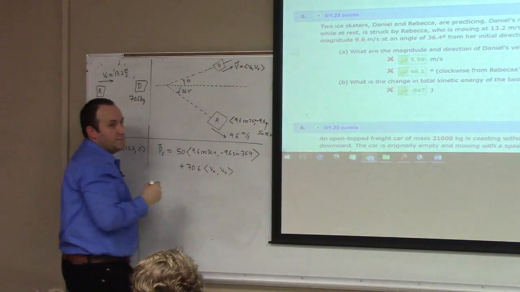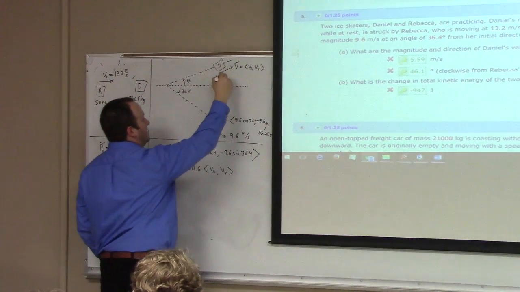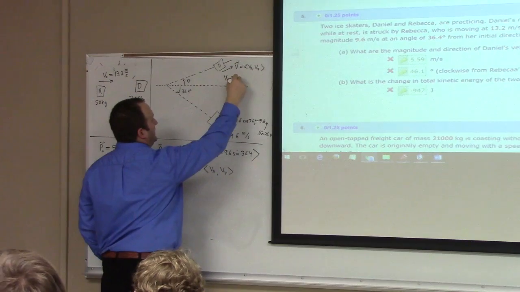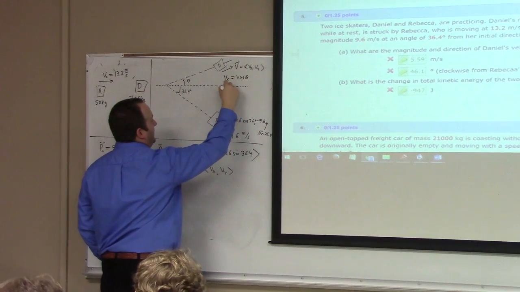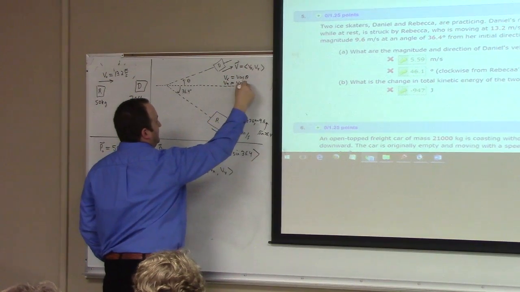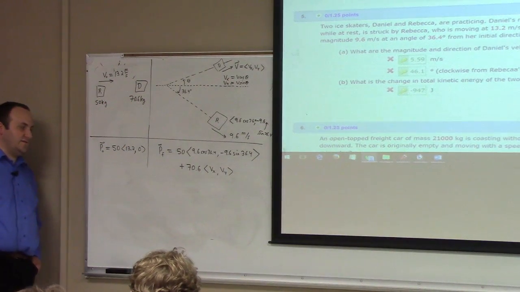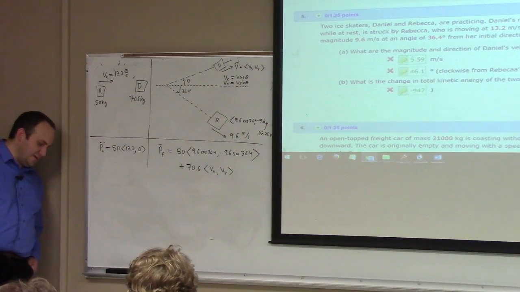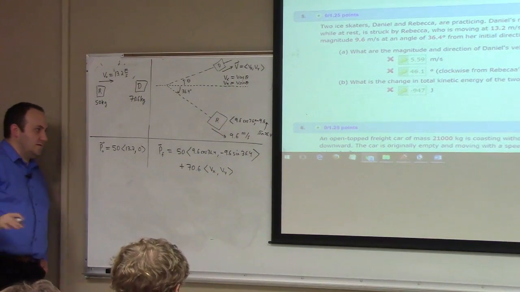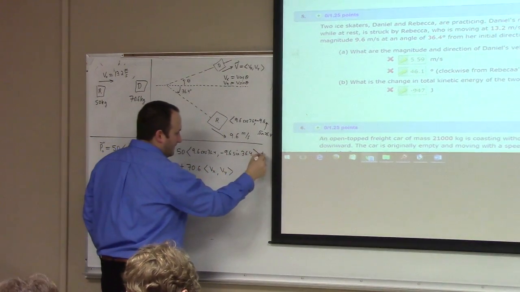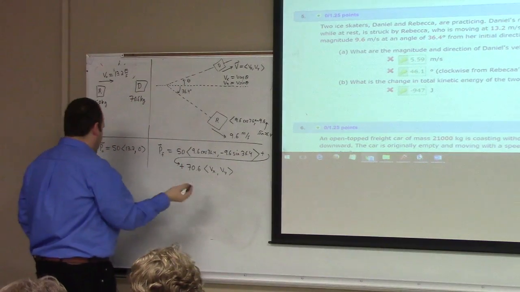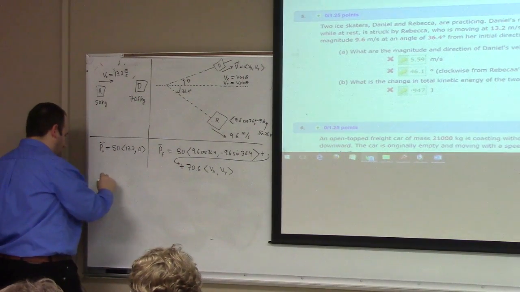Of course, we know that Vx is equal to V cosine theta, and Vy is equal to V sine theta after everything's done. But as an intermediate step, let's just talk about the velocity in terms of its Cartesian components. It might be easier. And this is added, right? Okay, so then momentum conservation.